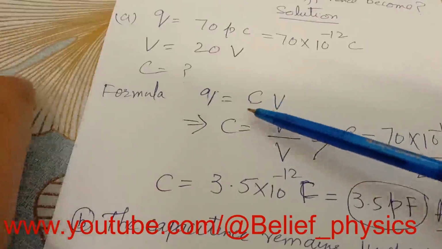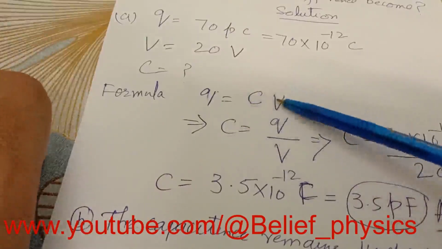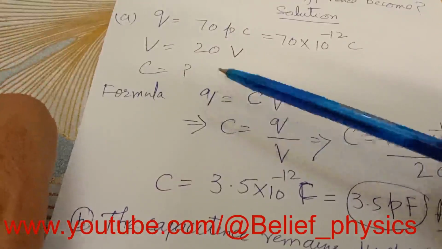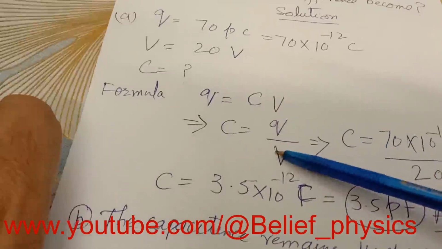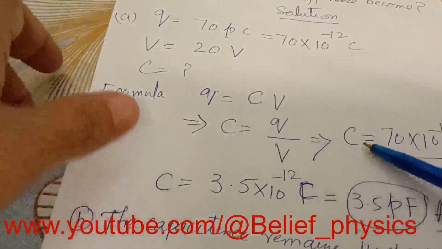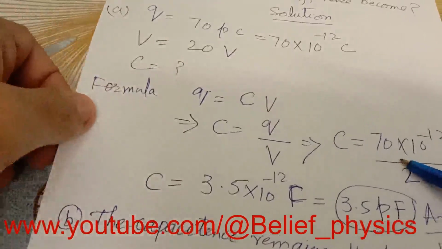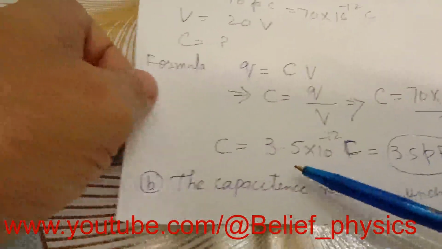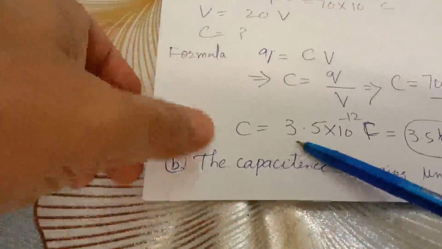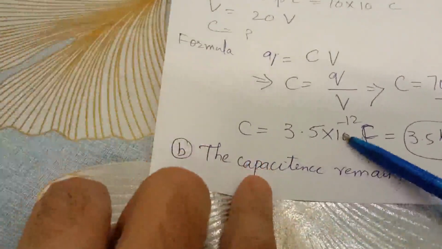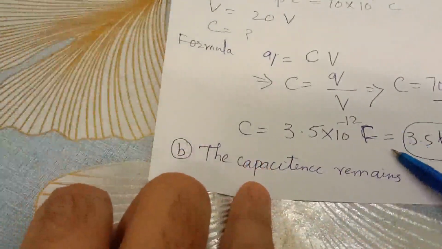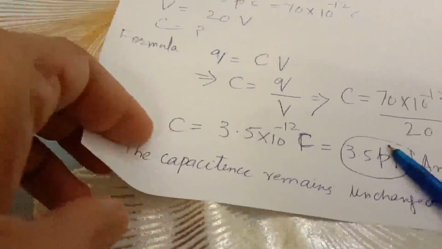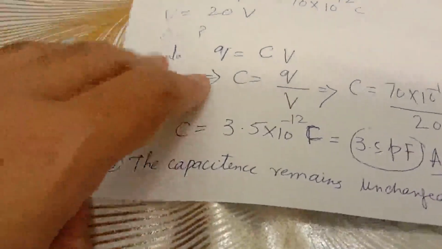When we make C the subject of the formula, C will be equal to Q over V. Putting the values, C is equal to 70 into 10 raised to minus 12 over 20. 70 over 20 is 3.5. So the capacitance will be 3.5 into 10 raised to minus 12 farad, or we can write it as 3.5 picofarad. That's it.